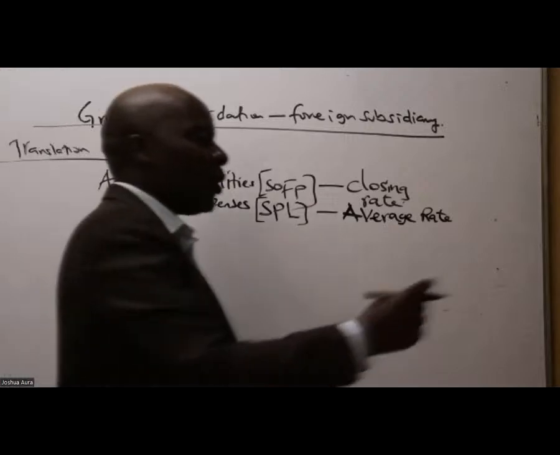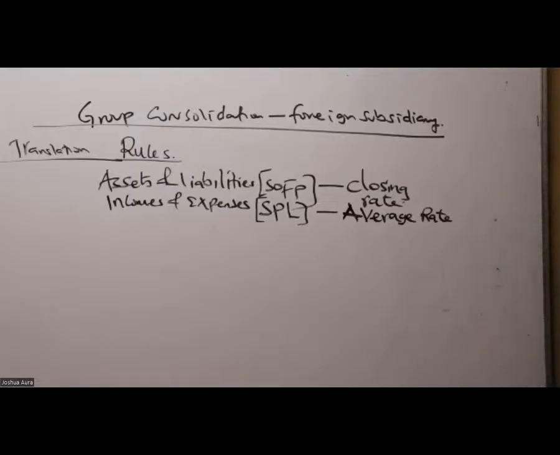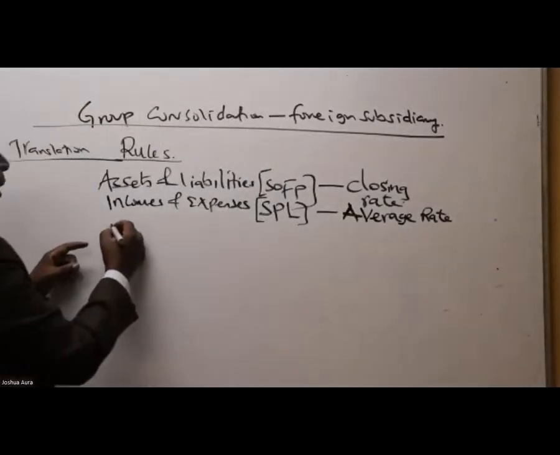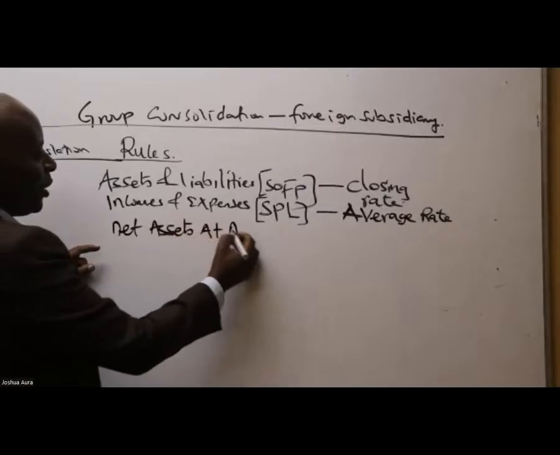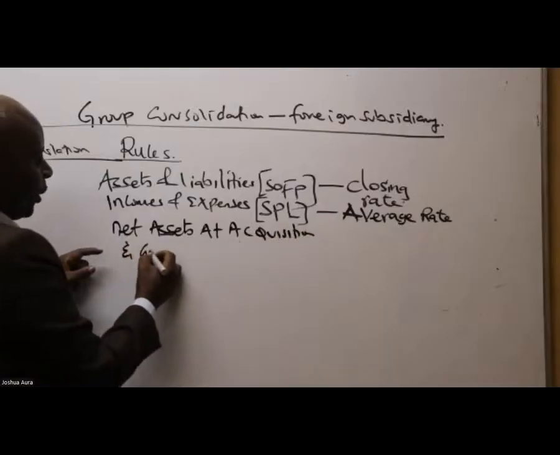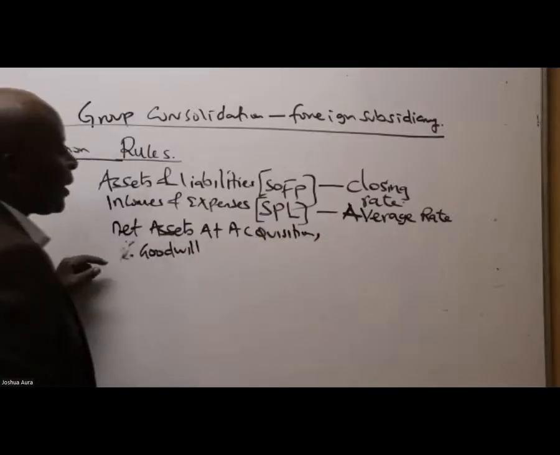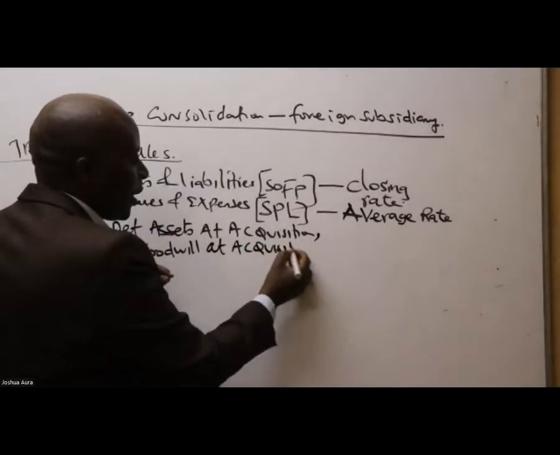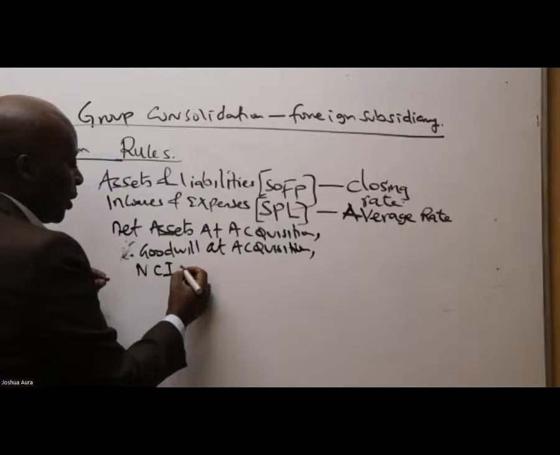And then, ladies and gentlemen, of course, we have acquisition. When you are acquiring, for example, a subsidiary, you'll be having like net assets at acquisition, and for example, goodwill. Net assets at acquisition, goodwill at acquisition. I want to keep on insisting on this. Goodwill at acquisition. Talk of NCI at acquisition.